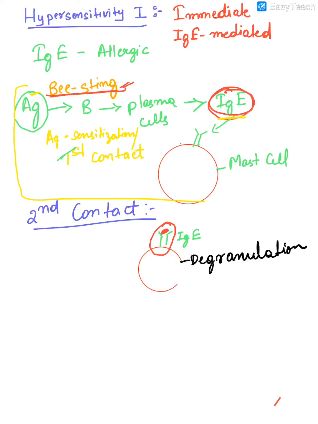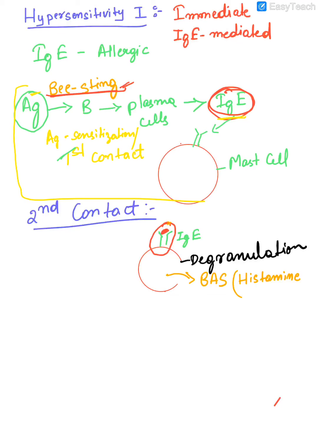When there is breaking of a mast cell, the inside of the mast cell will come out. That will be BAS. BAS is biologically active substance. An example of BAS is histamine. So when there is combination of antigen and antibody here, there will be degranulation, because of which there will be breaking down of the mast cell. So the BAS will come out.